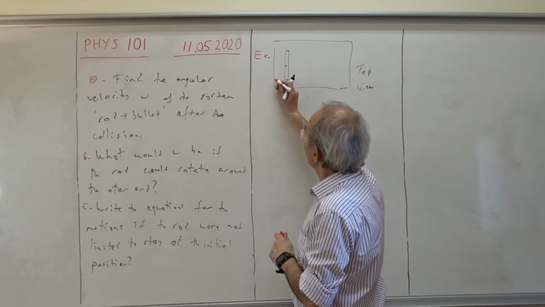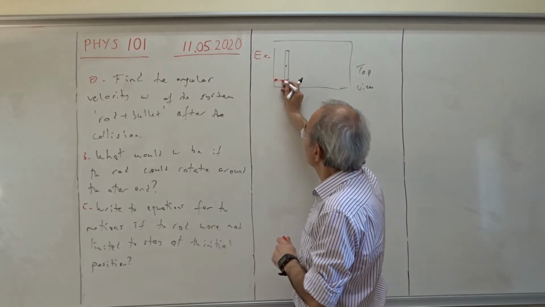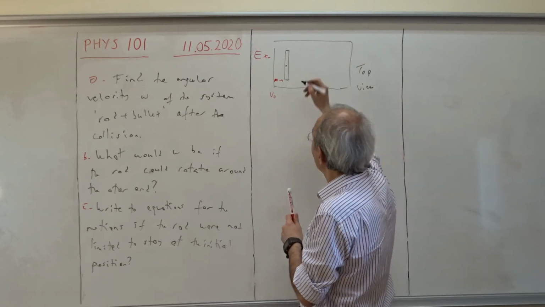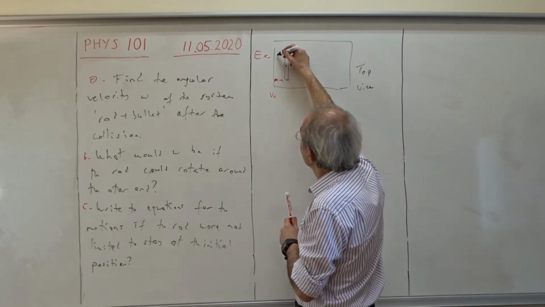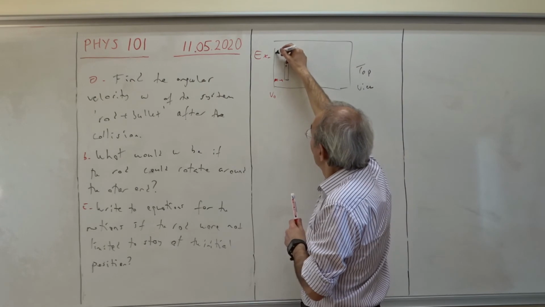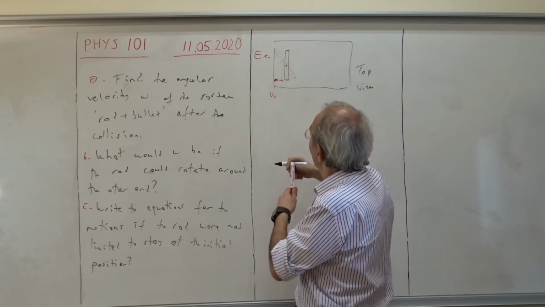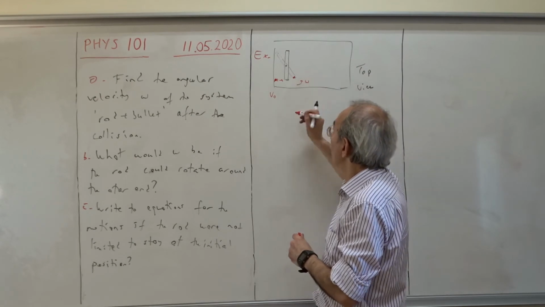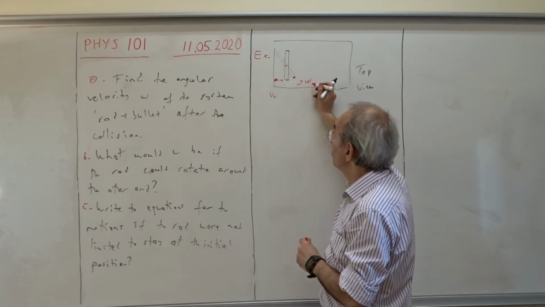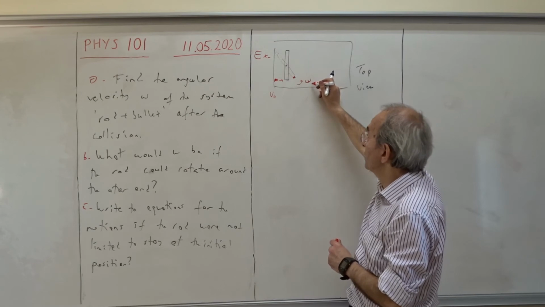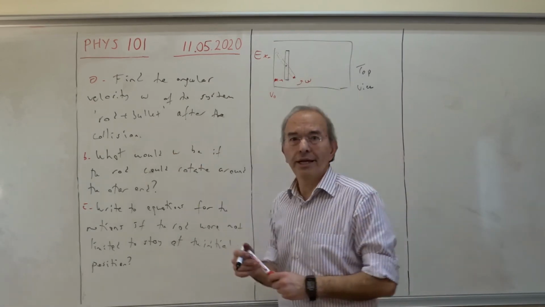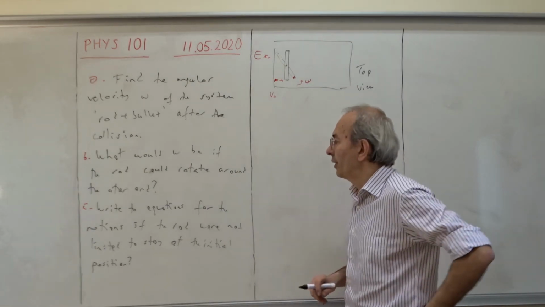All right, the bullet is coming towards it with a velocity v0. And after that it becomes embedded in it, stays inside, so the system turns around the central position by some omega. And we want to find that omega.